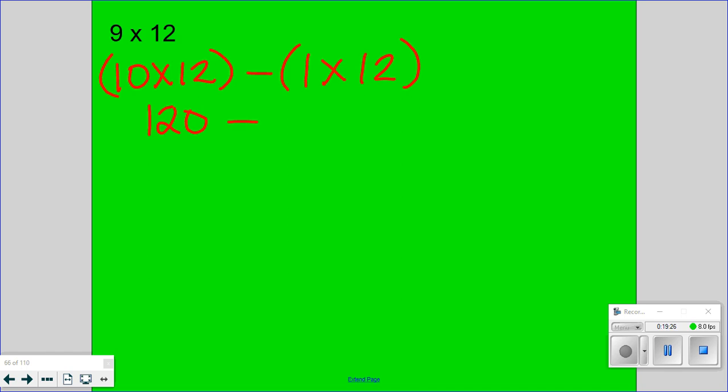What's 1 group of 12? Everyone, go ahead and solve that. What is 120 minus 12? Carl?